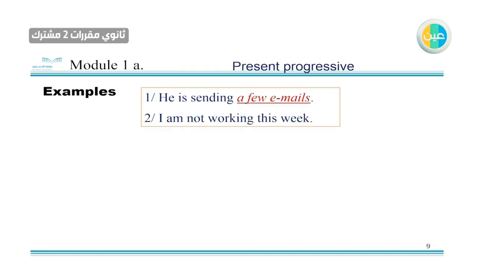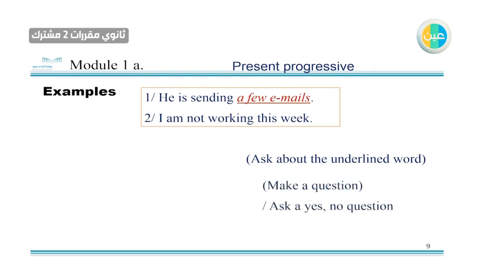Now, again, you may be asked to make questions. You have two sentences here. The first one, "I underlined a few emails," and the second one, "I did not underline anything." So you may be asked to ask about a few emails, and for the second one, a yes/no question. If I'm asking you to ask about the underlined word, you're going to ask about "a few emails," which is something, so usually you use "what."